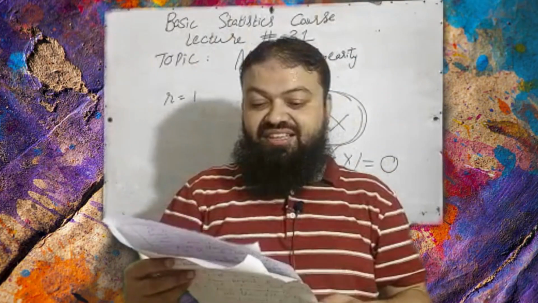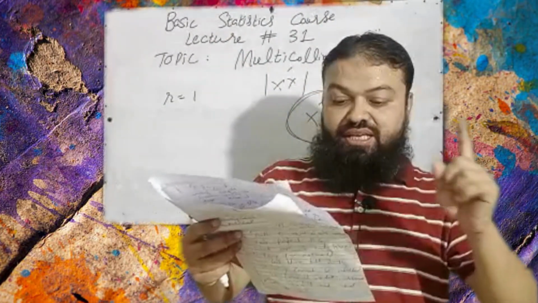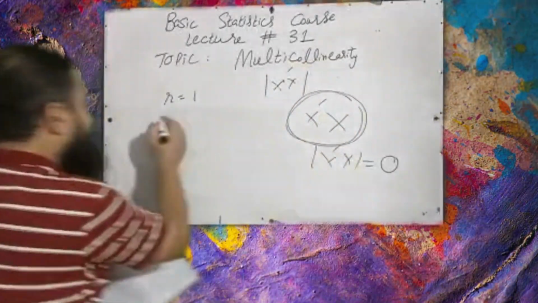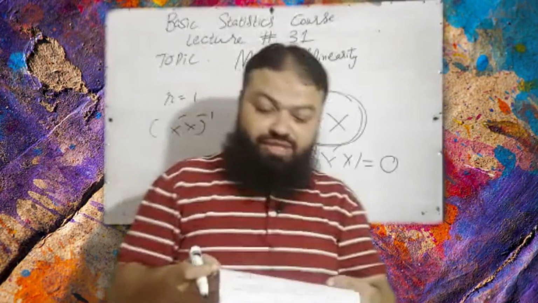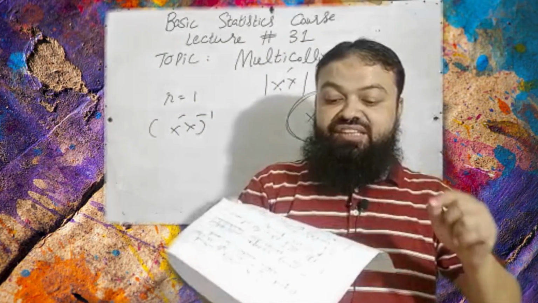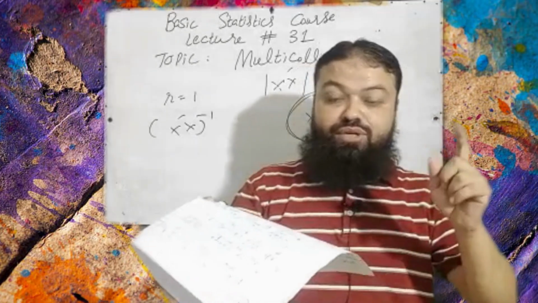Question number 6. Consider the following statements. Which one is incorrect? A, if multicollinearity exists, then X dash X inverse cannot be computed. B option, the method of least square is a statistical method. Incorrect.